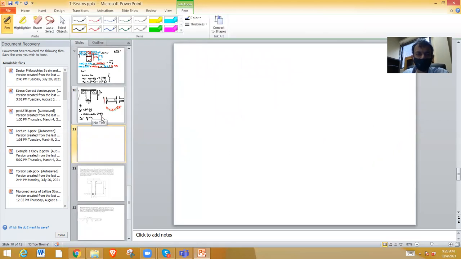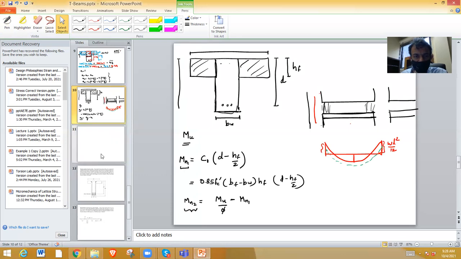I will show you both. Mu by phi minus Mn1, that is Mn2. So now you know how much Mn2 is, but what we don't know is the depth of the compression block a, somewhere within this web.